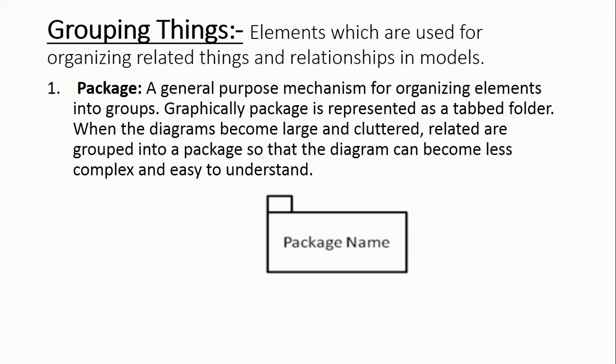A general purpose mechanism for organizing elements into groups. What is a package? A package is a mechanism that organizes elements into different groups. Graphically, a package is represented as a tabbed folder.